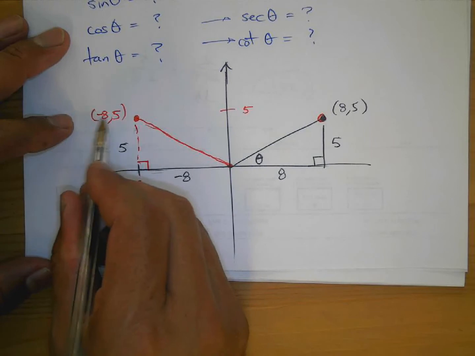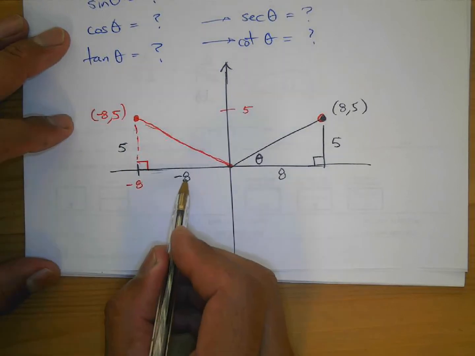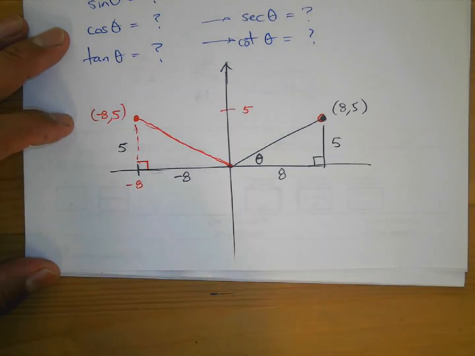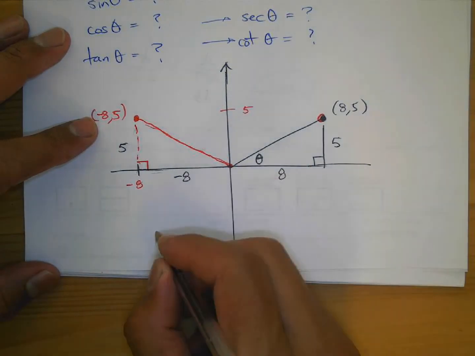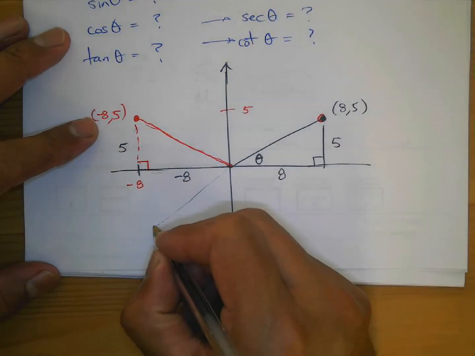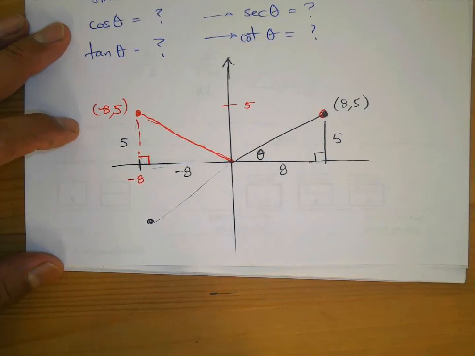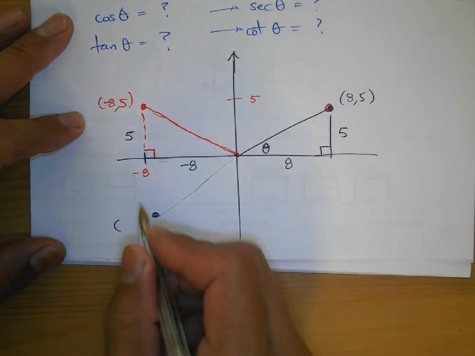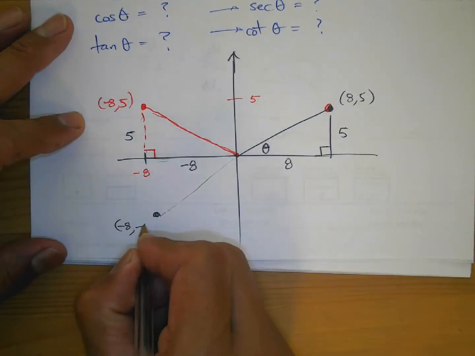But watch how you label this side. If it's a negative 8, you've got to put negative 8. If you're over here and you go this way, what's this point going to be if I do the same thing? This point will be -8 and -5.